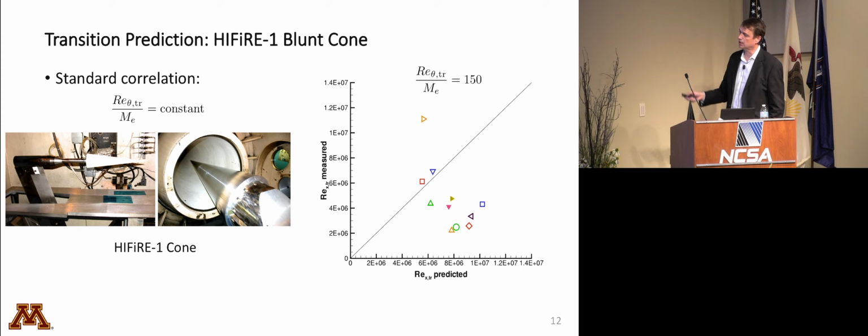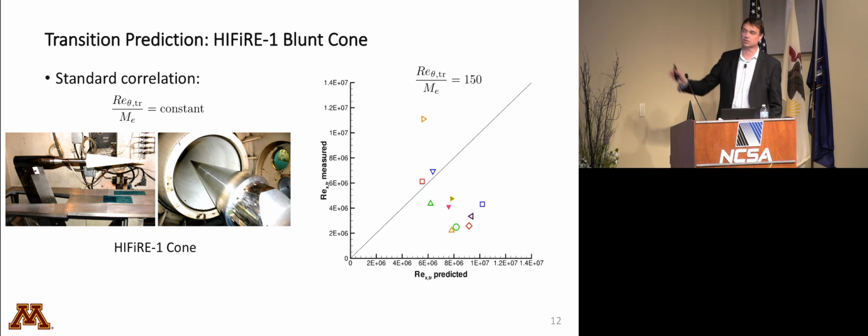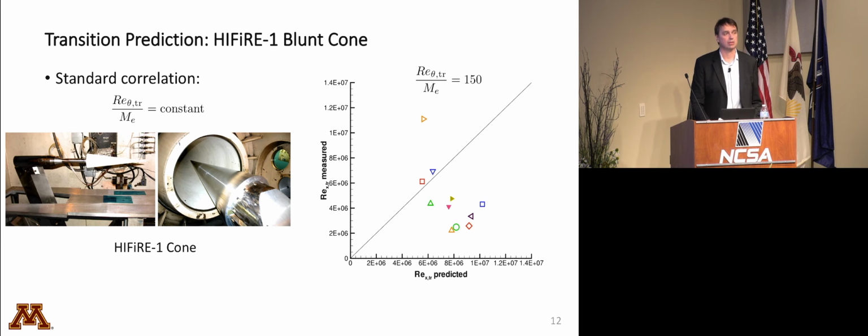You'd like the black line, where you predict something and you measure the same thing. Now you put your data on there, and you see it's almost a perfect anti-correlation. So this was the standard until we started understanding better these mechanisms that we were just talking about.